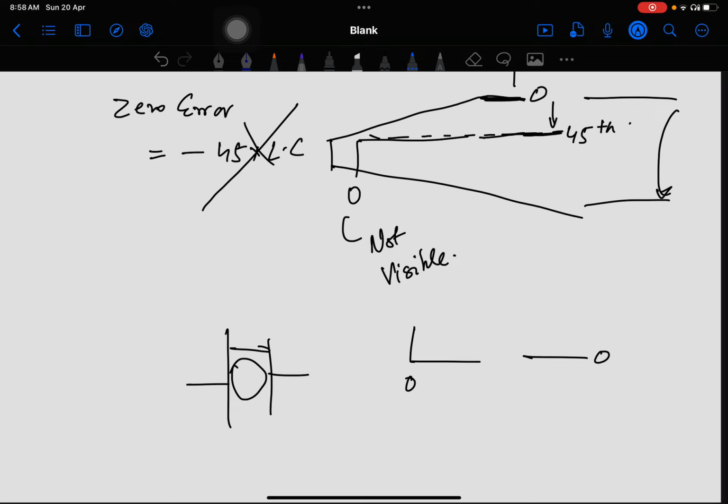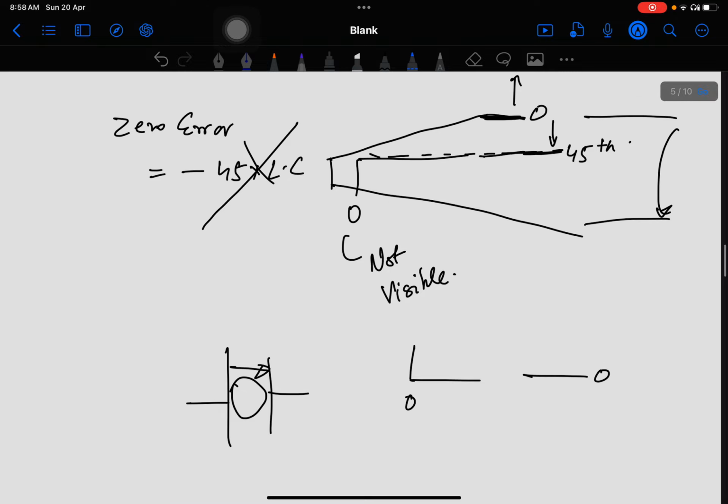Okay, so what I was saying. When you opened this one, you moved on the circular scale by how many divisions? Totally, there are 50 divisions, right? This means that 5 divisions you moved the 0 down. That means this gap that was created is equal to the movement of 5 divisions on the circular scale.